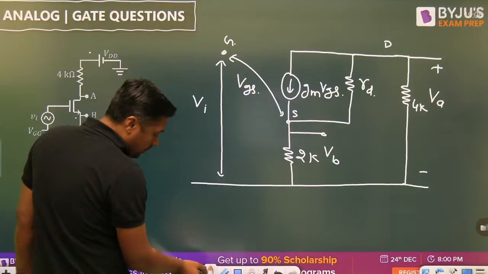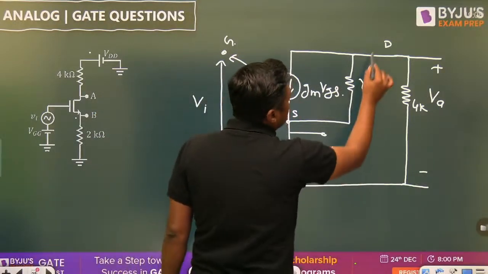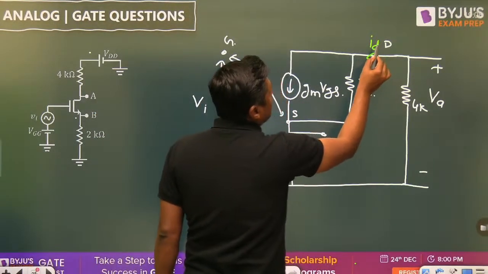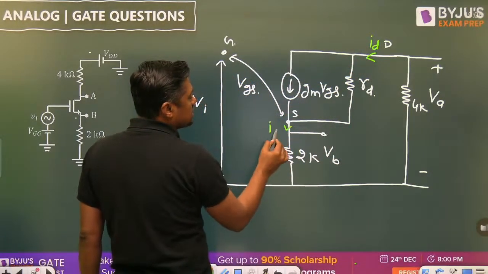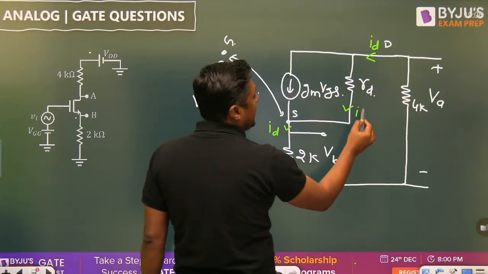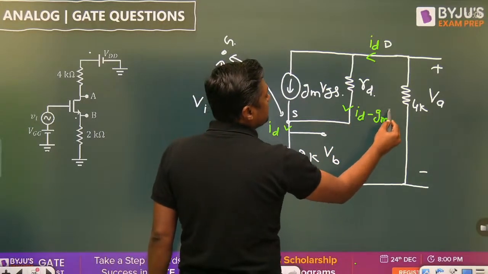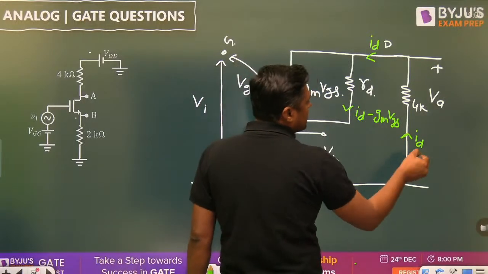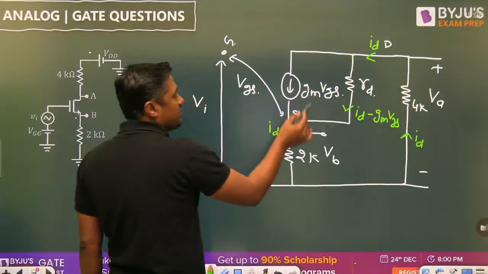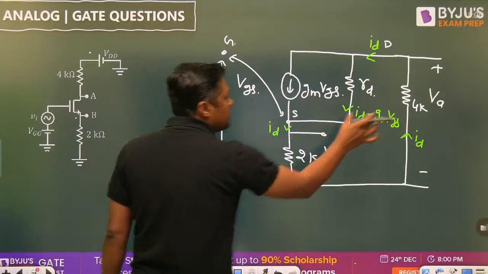My dear, remember one thing, this is the drain current ID. The same current will pass, it will divide, and again the same current will pass through this. What is the current here? ID minus GM VGS. Now my dear friend, the same ID will flow from this point to this point, and it is divided again, ID. So what is VA?